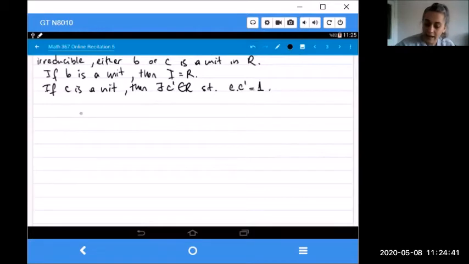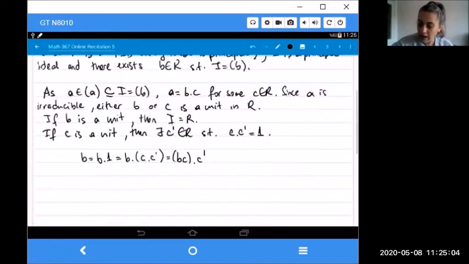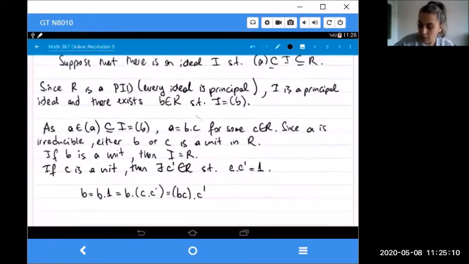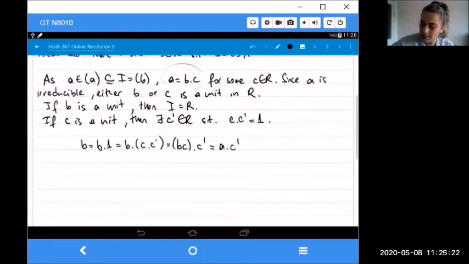In this case, B is equal to B times 1, which is equal to B times C times C prime, which is equal to B times C prime. But B times C is equal to A, as we have written here. So this is nothing but A times C prime. So in the case of C being a unit, B is a multiple of A.